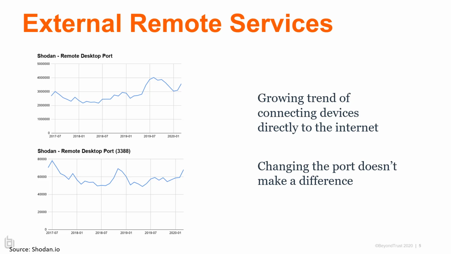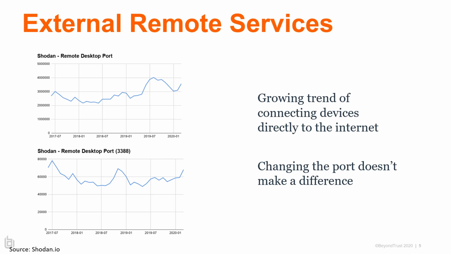The next section of VPNs are around the publishing of external-facing remote services. Using a tool like Shodan, you can get a view of the number of devices out in the wild running RDP services and see how this number has grown over the past year. Another common tactic we've seen from some IT departments is to put the RDP service on a non-standard port, commonly known as security by obscurity.